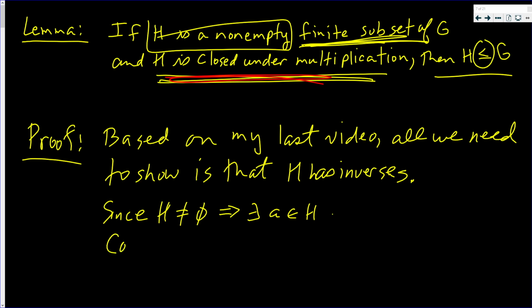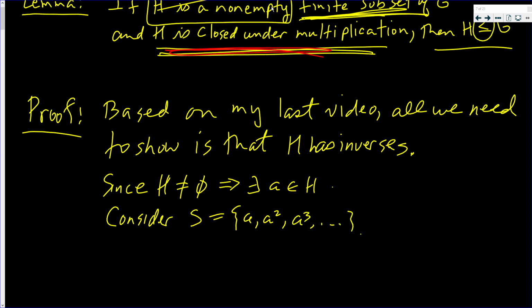So what we do is we consider S equaling A, A squared, A cubed, forever. Now, since H is closed, all of these elements are in H. A is in H. A times A is in H. That's A squared.